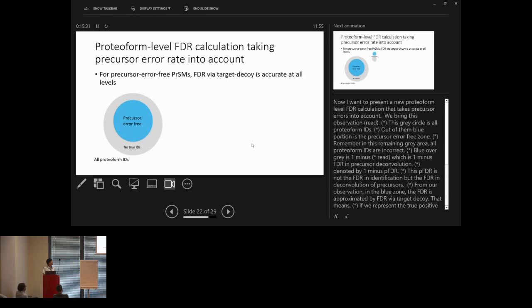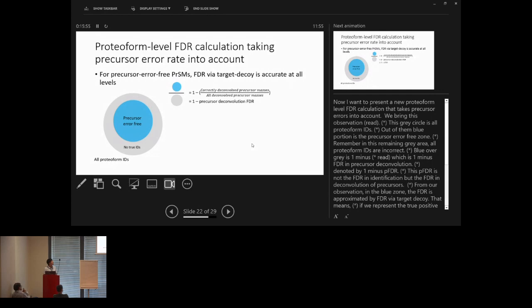So in this gray area, we don't have any true IDs because they have incorrect precursor masses at the level of proteoform. And now let's say we know the ratio between blue and gray. This is 1 minus correctly deconvolved precursor masses over all deconvolved precursor masses.